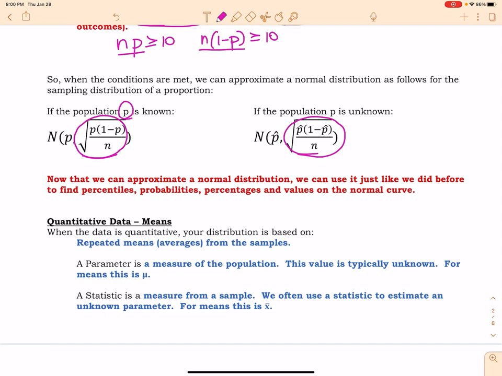So when you're finding your distribution, remember that the mean of the p hat is going to be equal to p, whatever that is. It's usually given to you in the problem. Standard deviation of p hat is going to be the square root of p times 1 minus p over n. So whether you have p or p hat will determine your notation there.